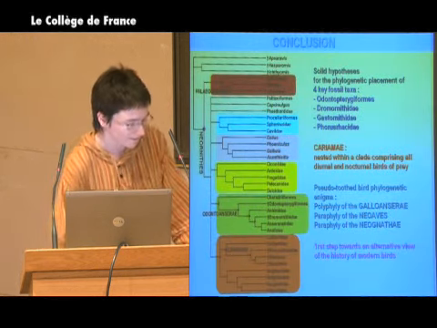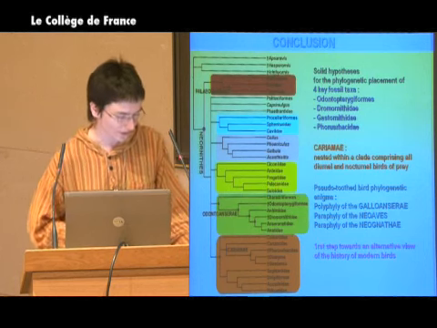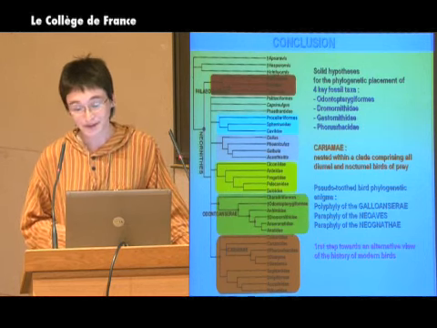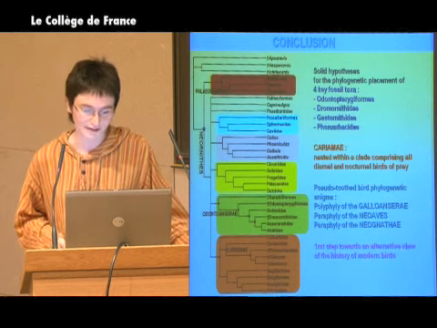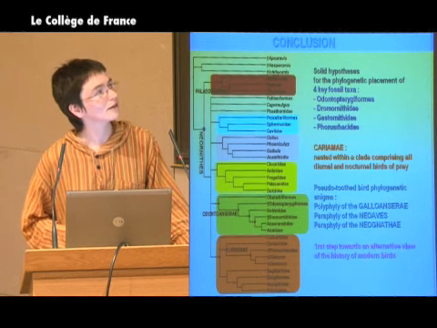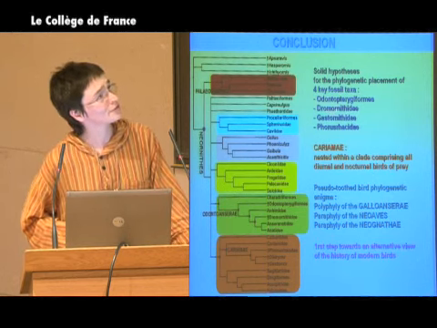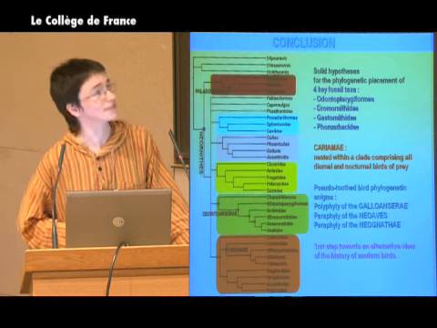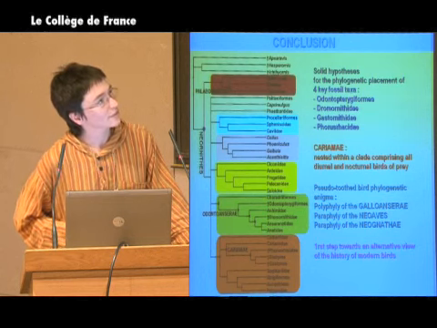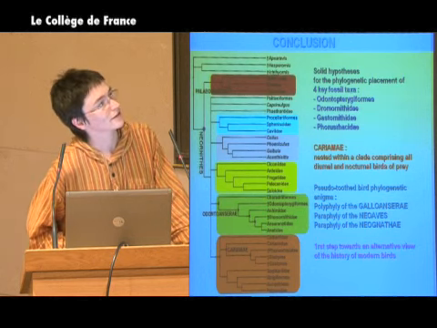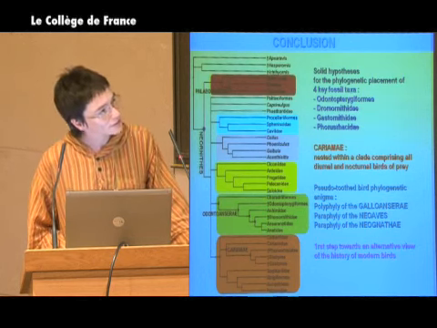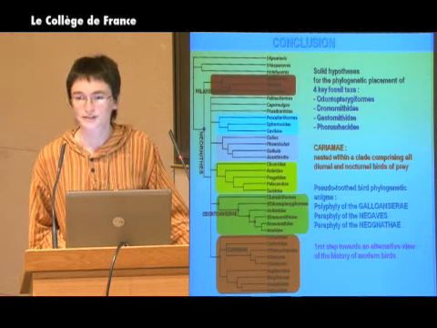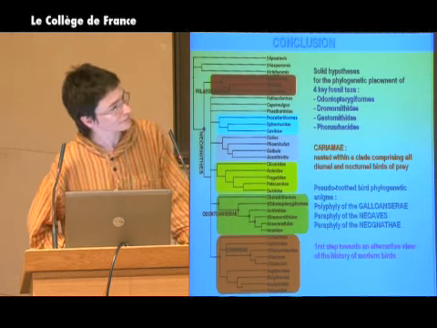In conclusion, our work provides a solid hypothesis for the phylogenetic placement of 4 key fossil taxa, including the odontopterygiforms, the Dromornithids, the Gastornithids, and the phorusrhacids. Importantly, we show that the Cariamidae are nested within a clade comprising all diurnal and nocturnal birds of prey.